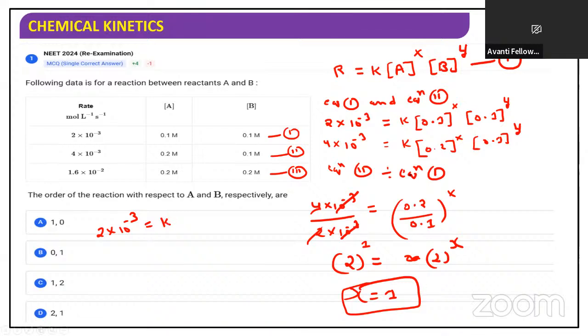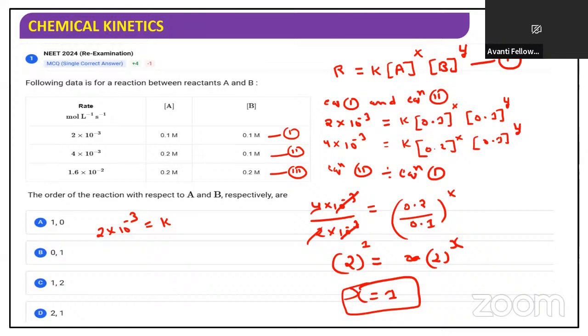Okay. So just like we took equations 1 and 2, in the second case, which equation are you going to take, beta? You can take either, like you can take equation 2 and equation 3 as well, right?